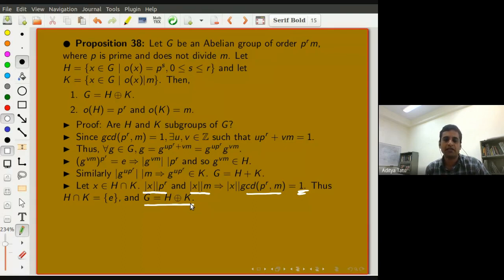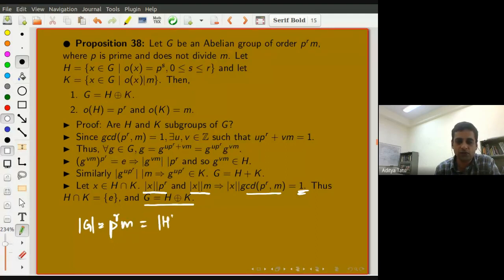Now, how many elements will these two subgroups H and K have? G has p to the power r into m elements. How do we break this into two numbers is the question. For example, can H have p to the power r minus 1 and K have pm elements?